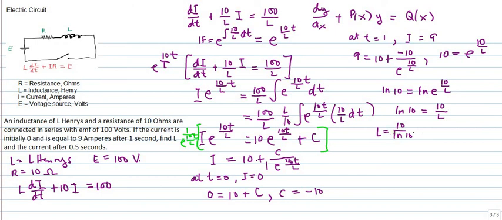When we use a calculator, our L is equivalent to 4.34 henries.